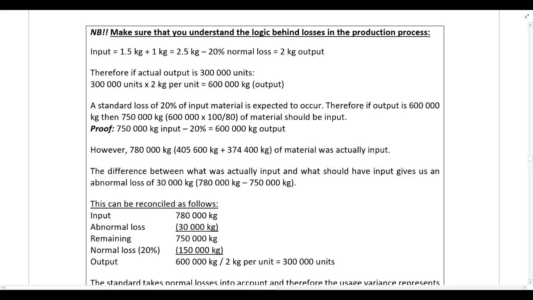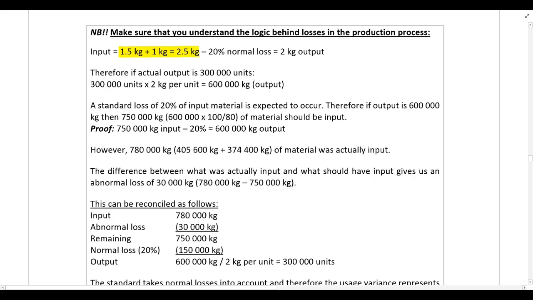All right, so you'll remember we saw when we read through the information provided in the scenario that we have a normal loss in the production process. 20% of the material that's input is expected to be lost. So we know that in order to make 1 unit, according to the standard, they should input 1.5 kilograms of cookie dough and 1 kilogram of chocolate chips.